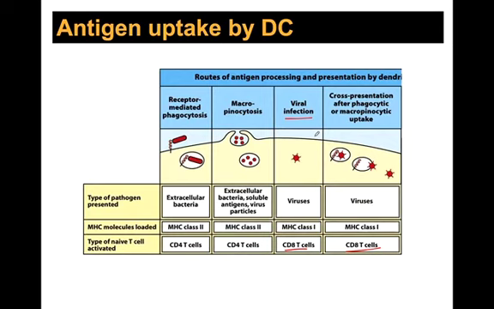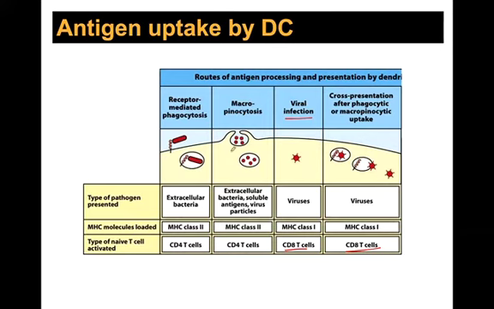That actually doesn't make a lot of sense that that could be the only way, because then viruses would just evolve not to infect dendritic cells. We'd say, well, let's just skip those cells, and then they would never be recognized. But we now know that cross-presentation is very important for activation of CD8 T cells.